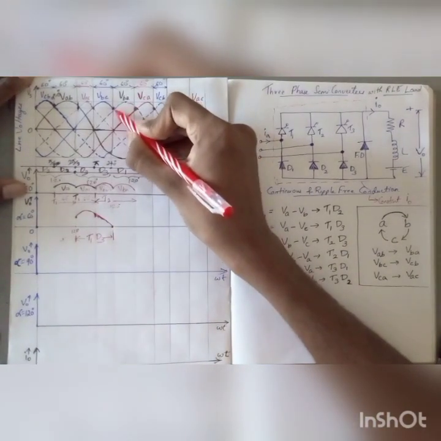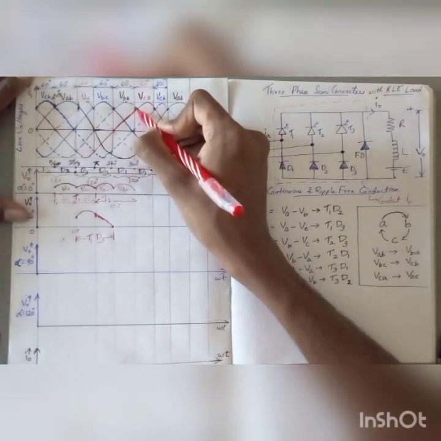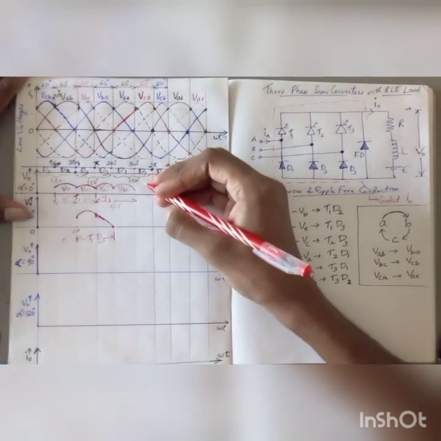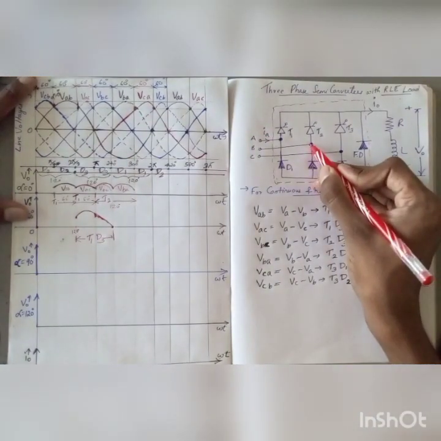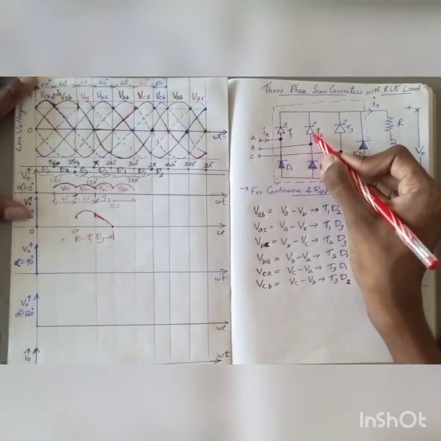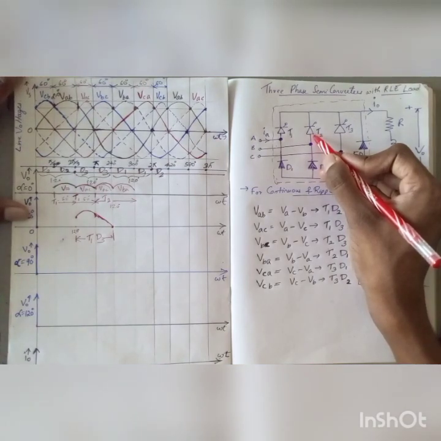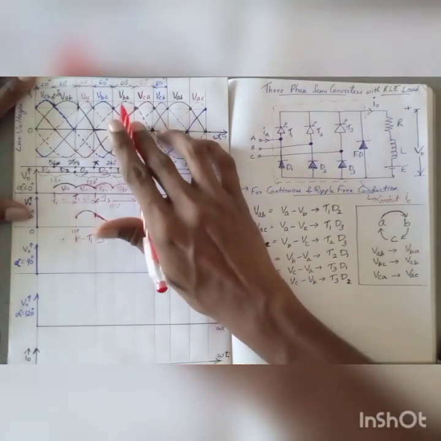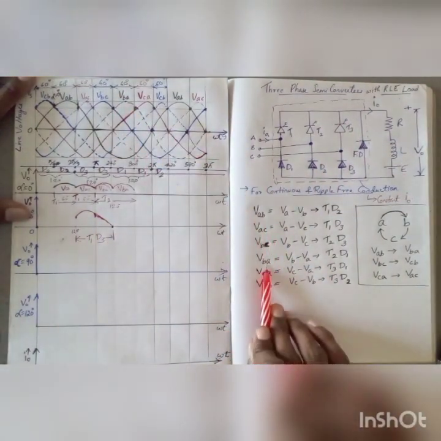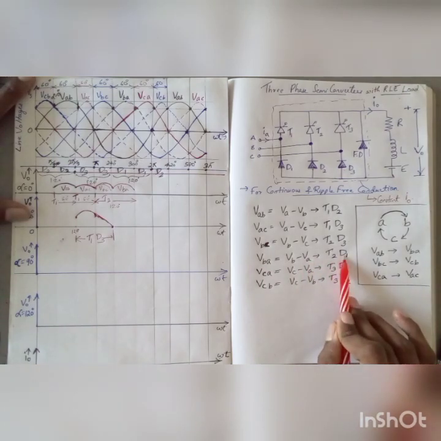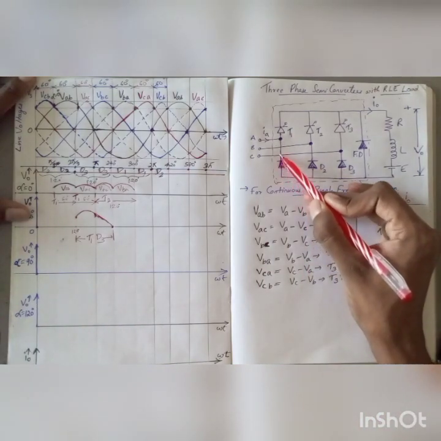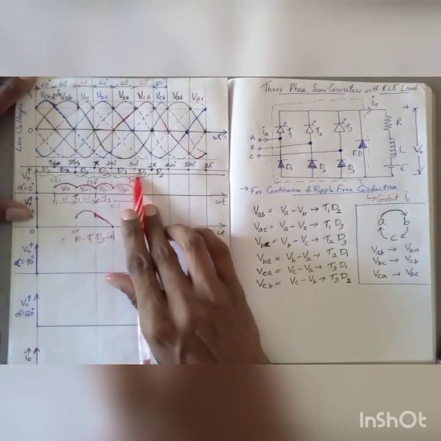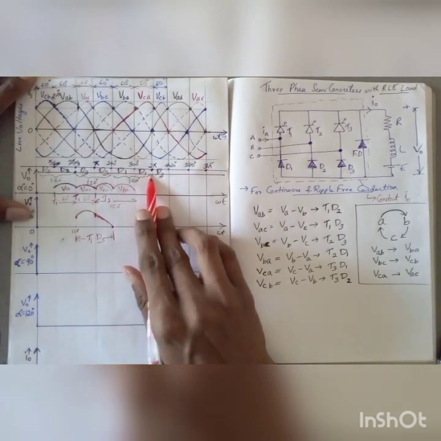So what happens? VB minus VA. So T2 is in forward blocking mode, and at that point I have triggered. So T2 is triggered. Since it is VB minus VA, then D1 will be in conduction state, as I have already mentioned here. D1 is conducting from 240 to 360 degree.